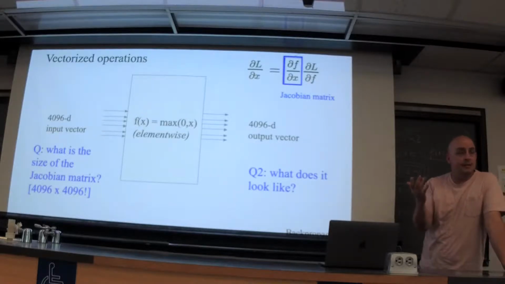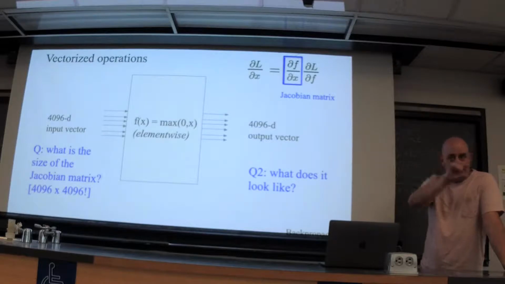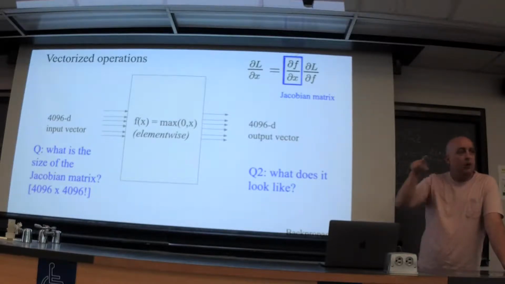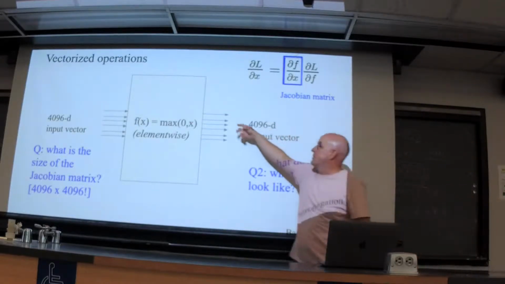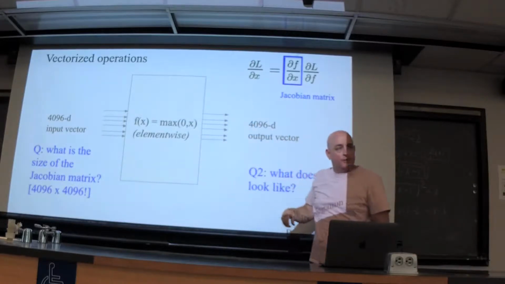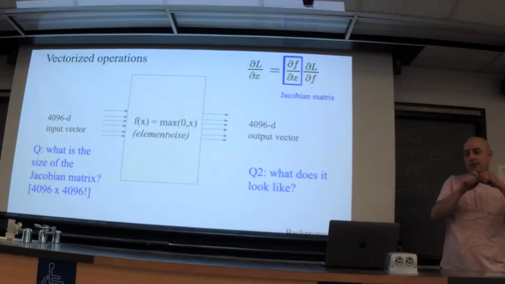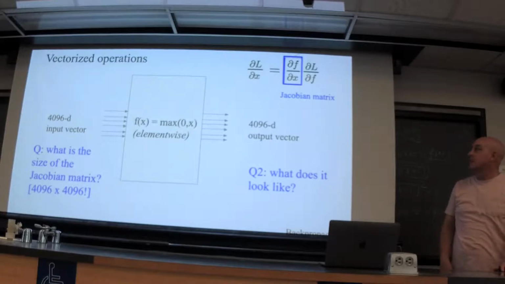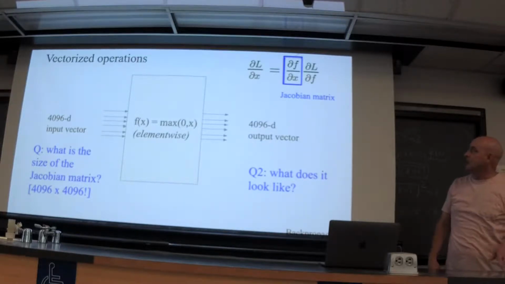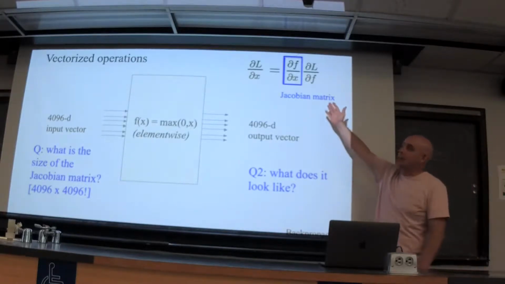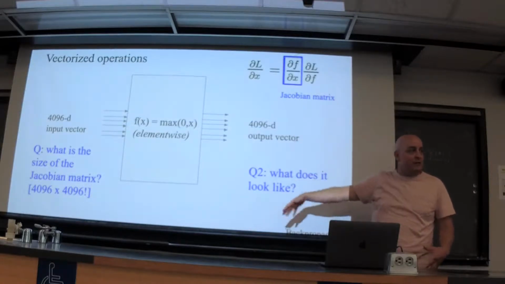Yeah, so it's a vector. So you have a single output, the loss, it's a scalar, and then all the partials of that with respect to each one of the outputs, right? So that's going to give you a vector of length 4096, and so the question is, is it a column matrix or is it a row matrix?